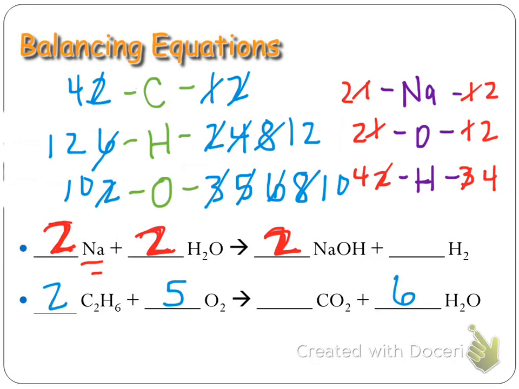Okay, so if I want my carbons to balance, now I've got 4 carbons here. 14 oxygens. So I need that to be a 7. Two, 7, 4, 6.